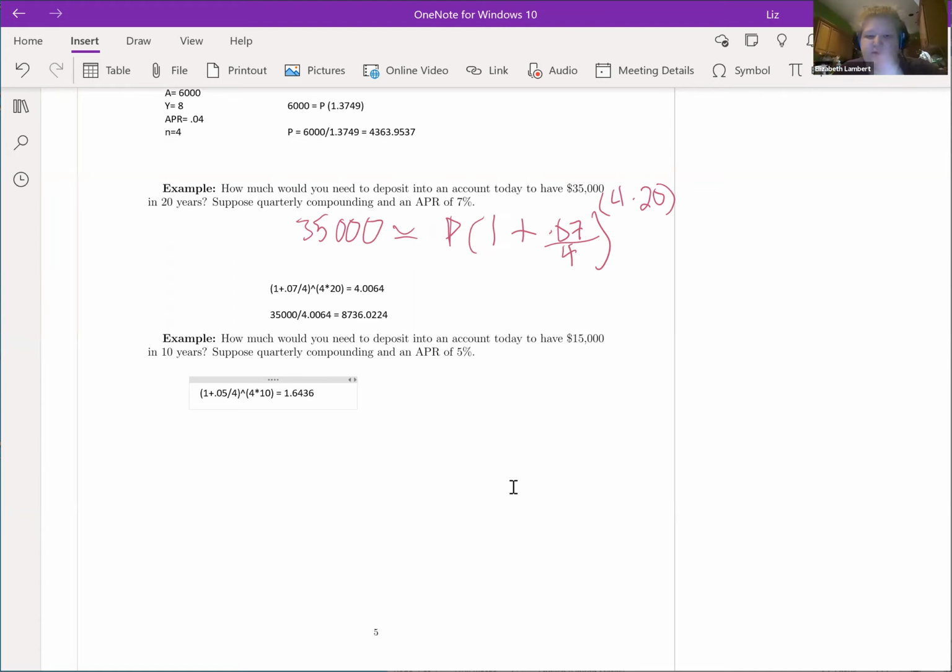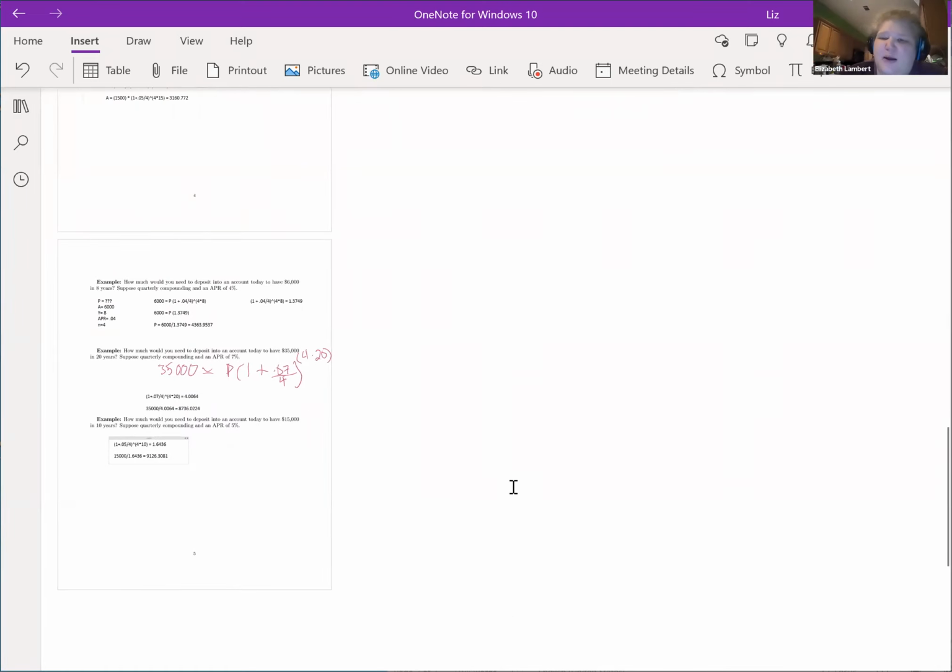All right, so we need to divide 15,000 by that decimal. So $9,126.31 would give us 15,000 in 10 years with those conditions. Yeah, Mathland, wee!